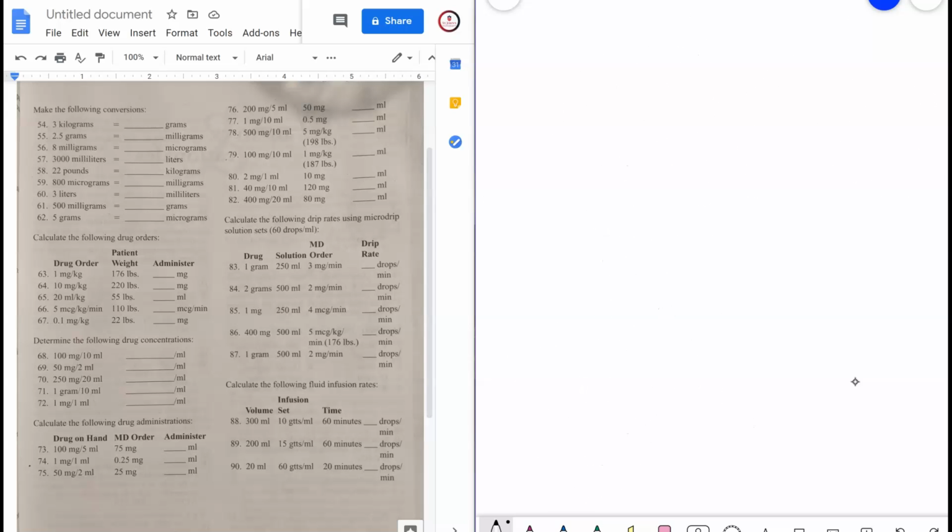So now we're going to do drug concentrations, which again should be pretty simple, hopefully. If you have 100 milligrams in 10 mLs, first things first, you're going to simplify.